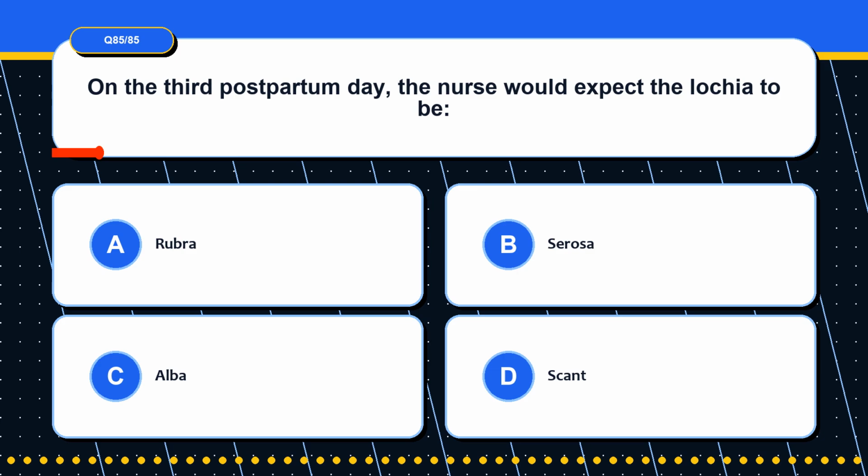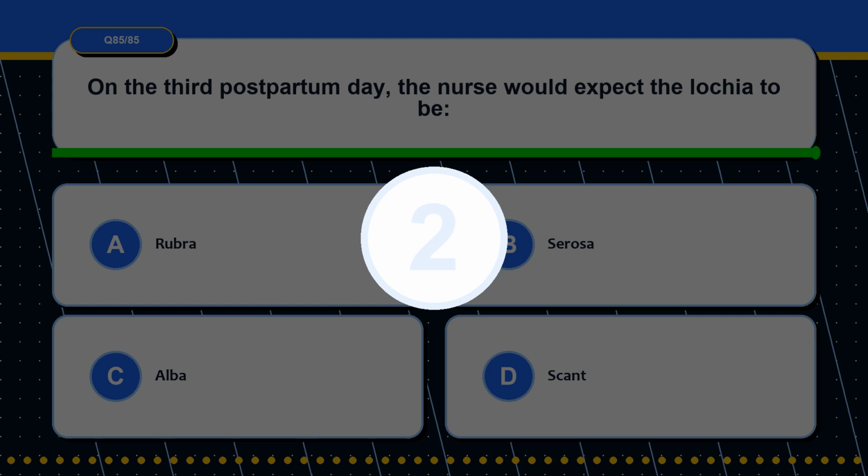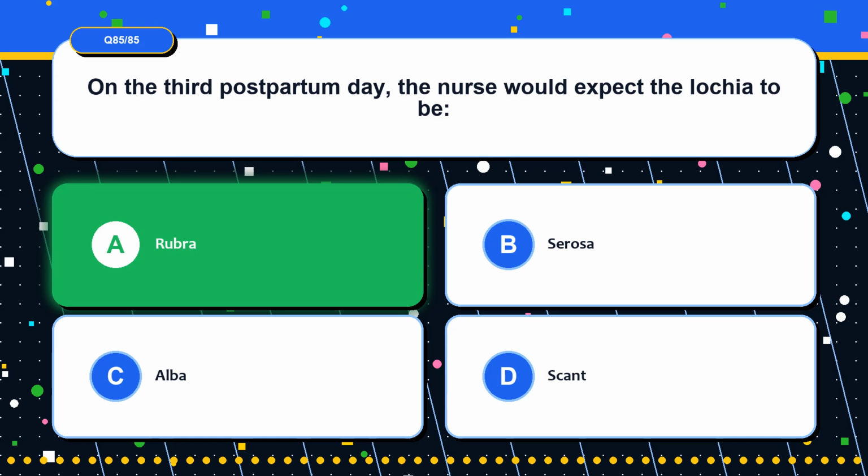Question 85. On the third postpartum day, the nurse would expect the lochia to be, here are the options. Option A. Rubra. Option B. Serosa. Option C. Alba. Option D. Scant. The correct answer is option A. Rubra.